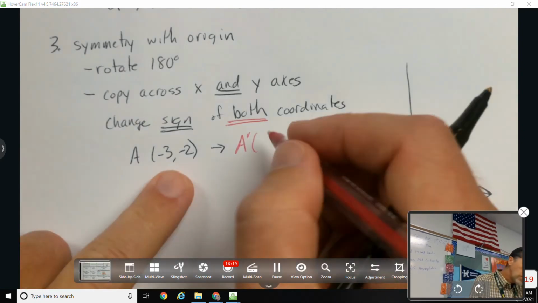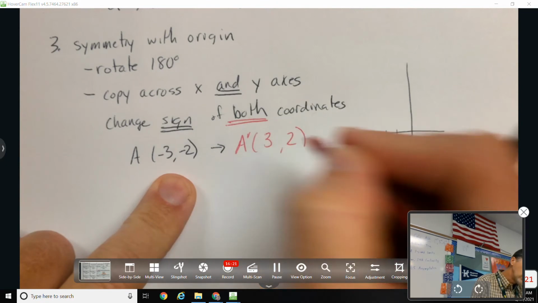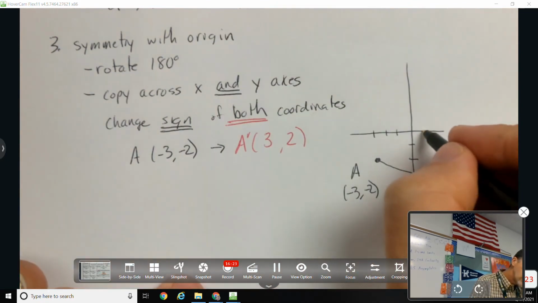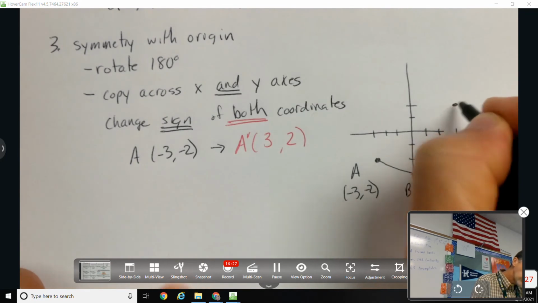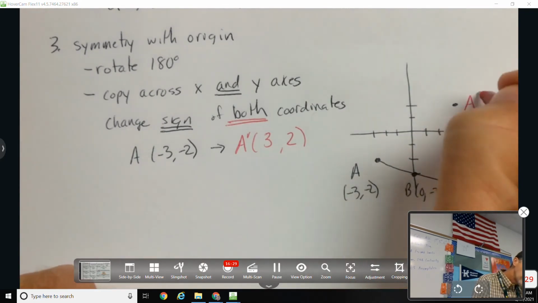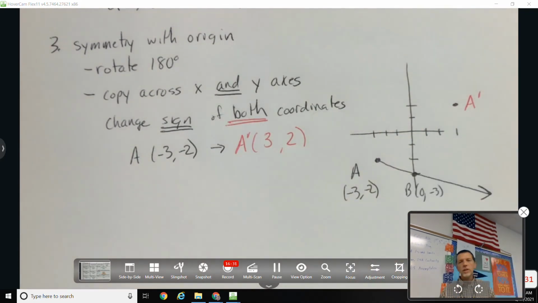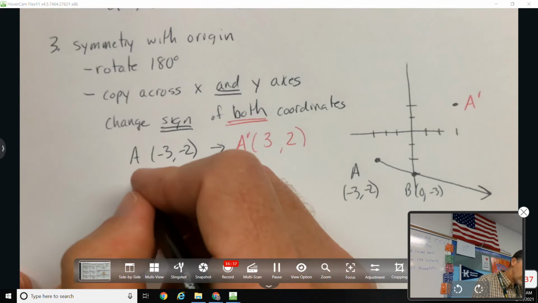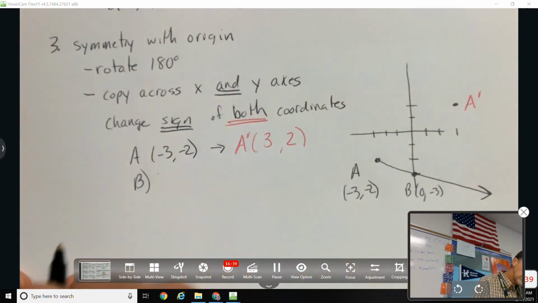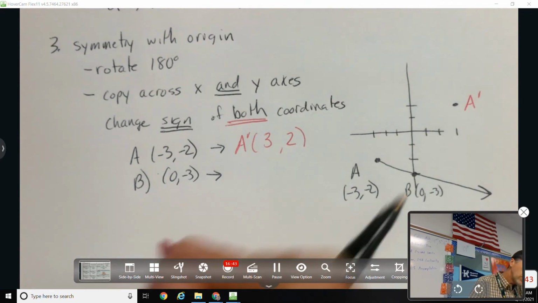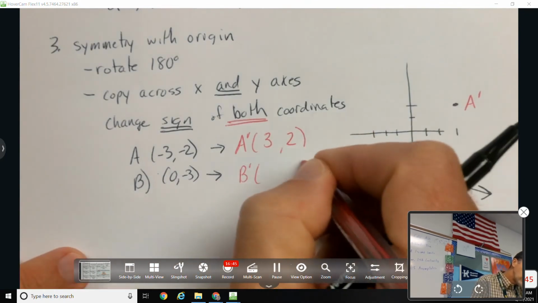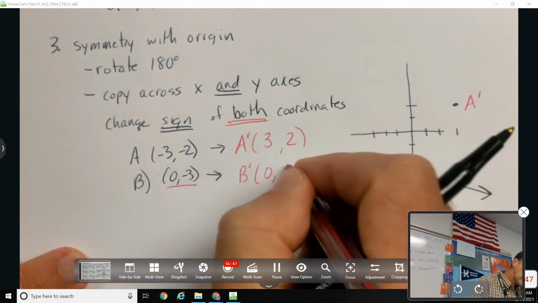So if we change both signs, we get 3, 2. There's the new A. The new B, from 0, -3, becomes, change both signs, 0, 3.